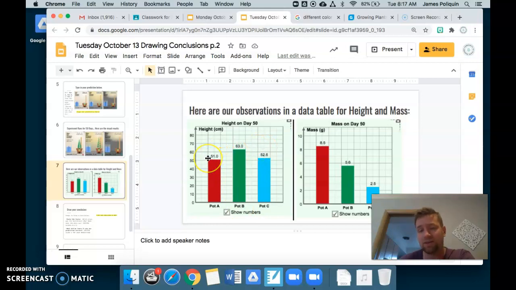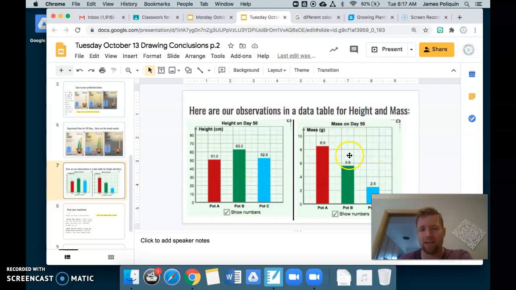51 centimeters is about a foot and 2/3, so like 20 inches tall. Pot B is a little over 2 feet tall, so it's about 24, probably closer to 25 inches tall. And then 52.6 is pretty close to pot A. It's about 20, maybe 21 inches tall.